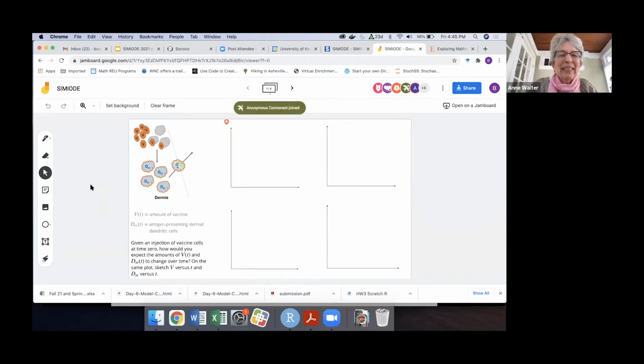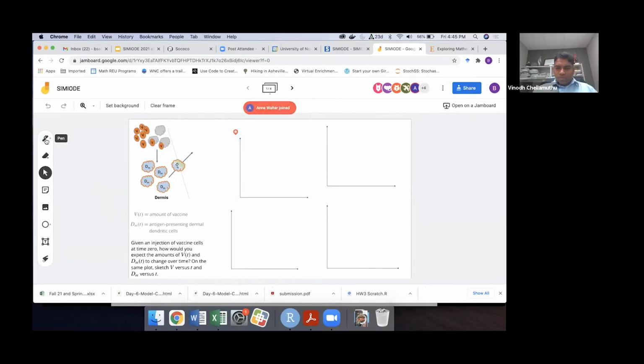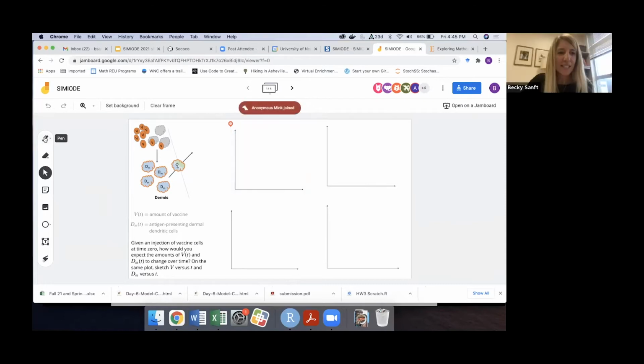Do people know how to use Jamboard? You can use this pen over here. Do you see this pen? If I click on that pen, I can draw. I'll erase that. You can even pick your color. So I might draw some curve here, what I think is happening.